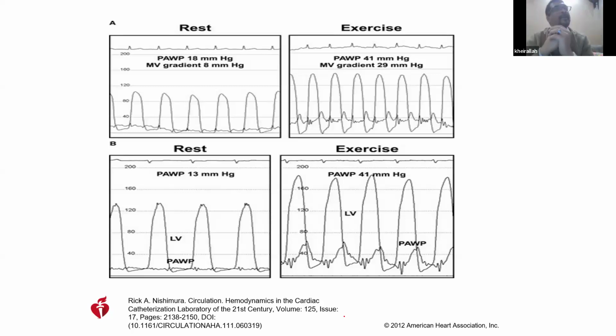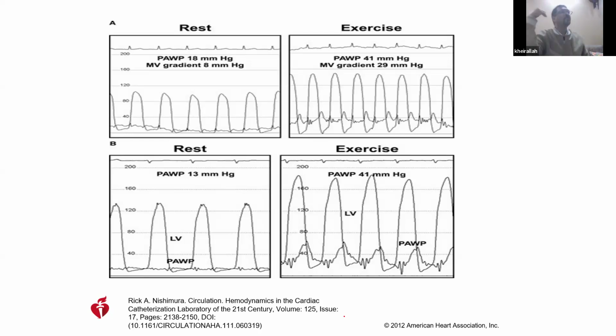In what way? For example, if the patient has a measurement of severe aortic stenosis or mild mitral stenosis and the patient is symptomatic, but the measurement is mild. Very good, exactly.